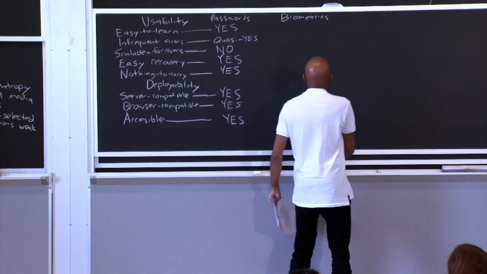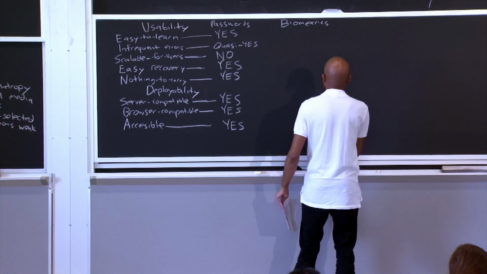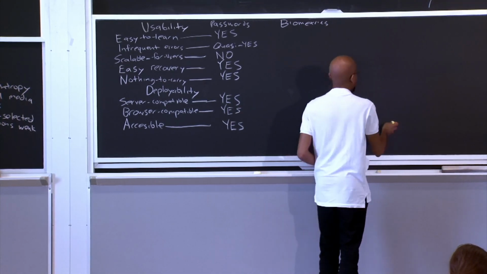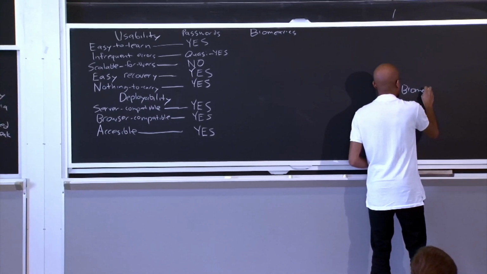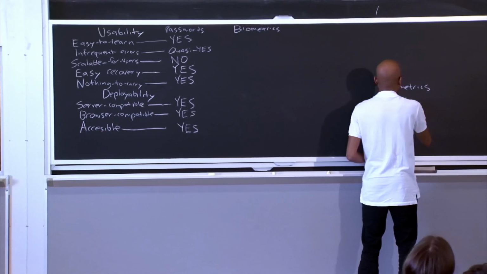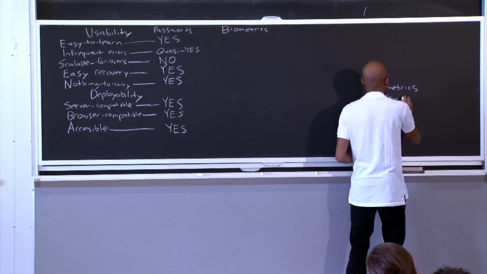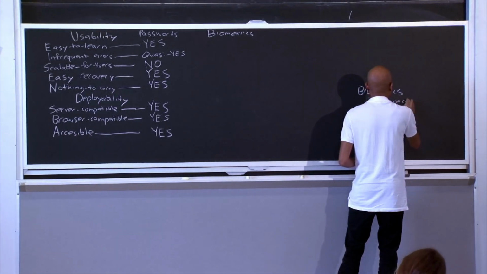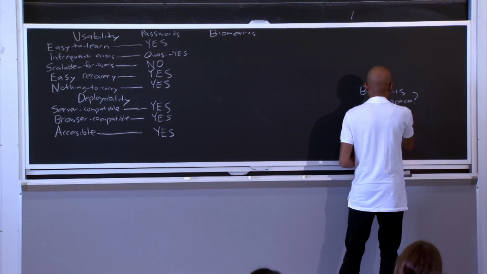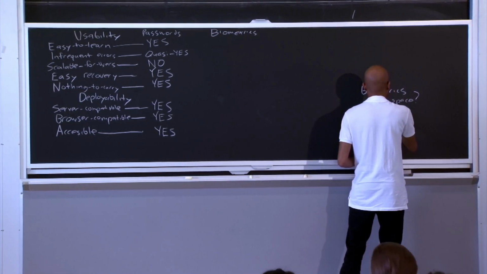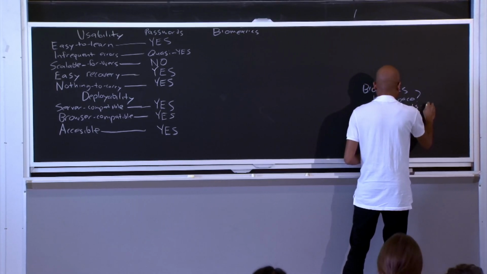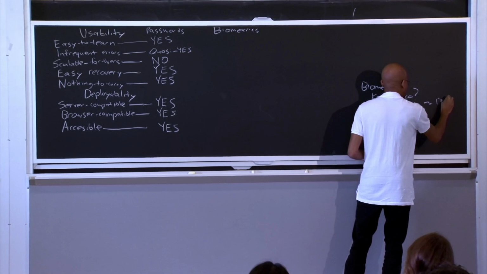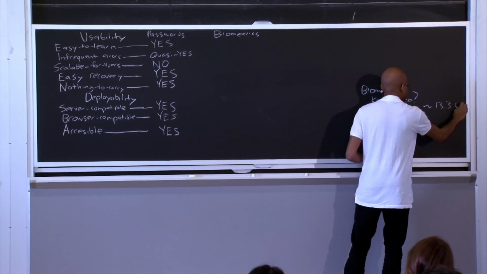And so one thing that might be interesting to think about is how big is the key space? Actually, I'll put this over here. The key space is actually not as big as you might think. For example, for fingerprints, the key space is roughly 13 bits.